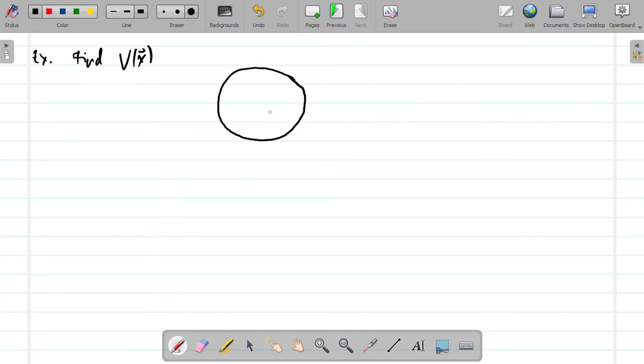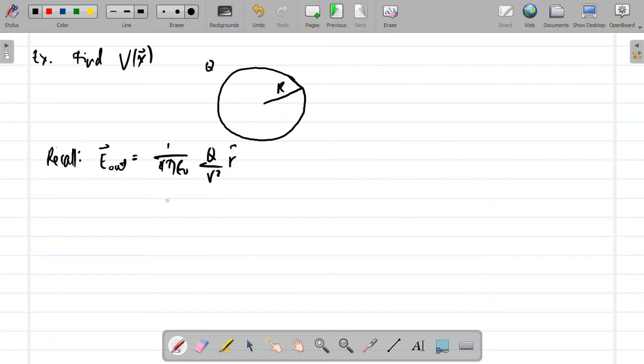Ayan. Meron kang radius R, tapos may total charge Q. Okay, so, recall E outside is 1 over 4 pi epsilon naught Q over R squared R hat.